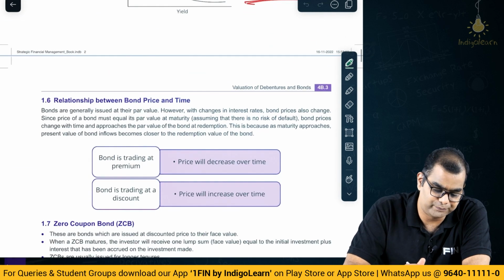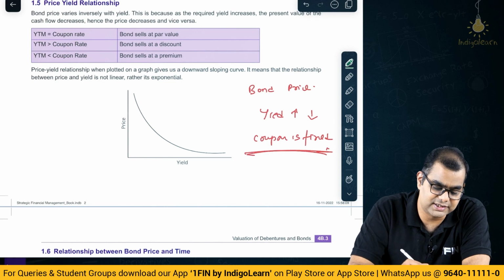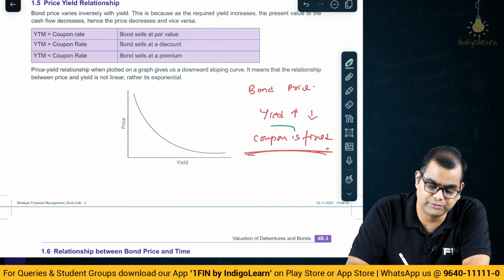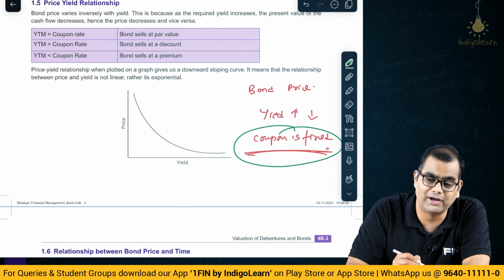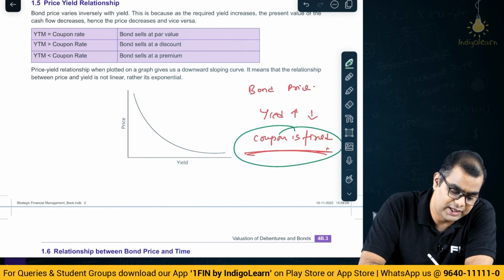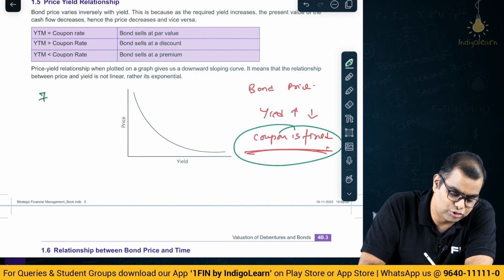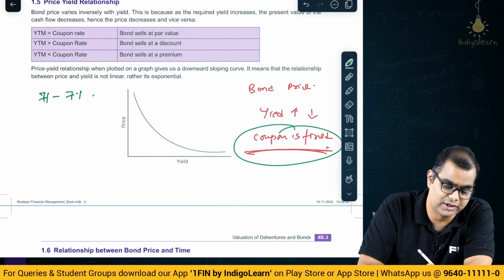Now, coming back, we have discussed that when yield is up, price is down, assuming that the coupon is fixed. However, please note one more thing. When we took the example, I said at the issue price 7 and 7 both are same, yield and coupon are same.